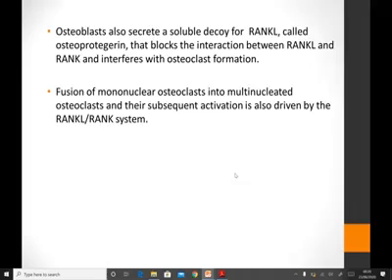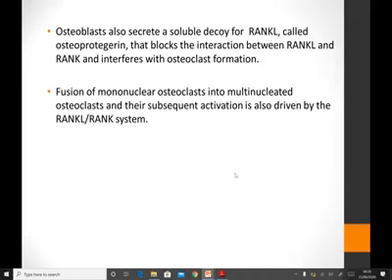Okay, the fusion of mononuclear osteoclast into multinucleated osteoclast and their subsequent activation is also driven by this RANK L and RANK system. मेजर जो differentiation थी pre-osteoclast से mature osteoclast के अंदर, that was being controlled by the cell to cell interaction through the RANK and RANK L system.